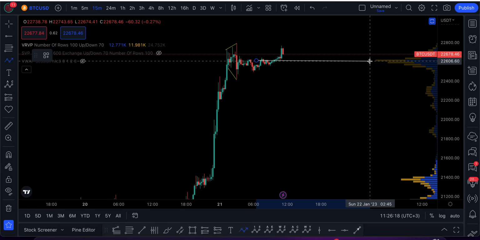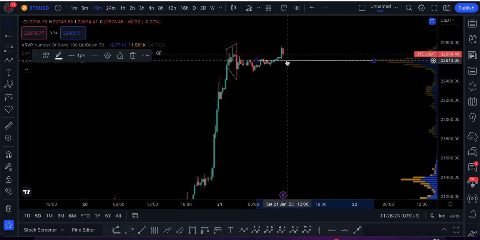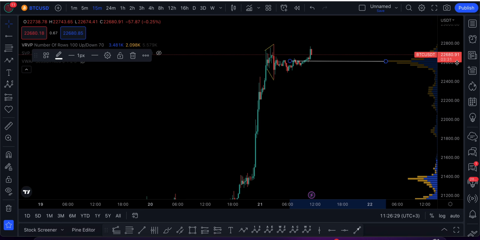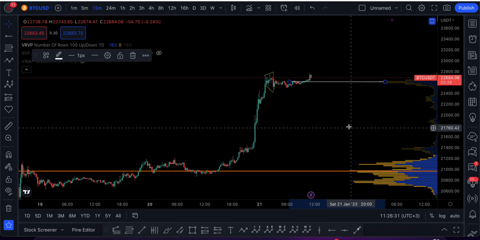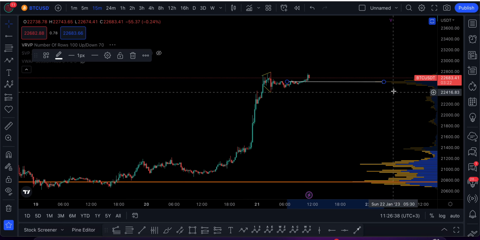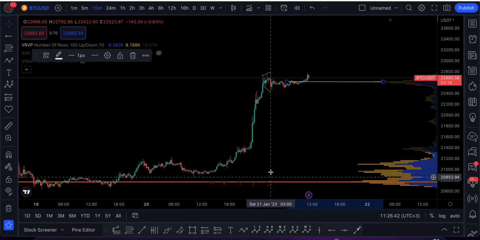So meaning this has been turned into support. We need to see price action stay above this level, 22,600, or around that area, for us to remain bullish. But I'll add some more targets to look out for. This is not the only target. This is resistance, and this is support.